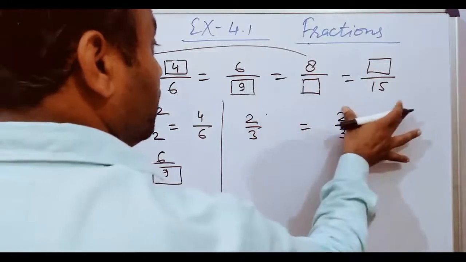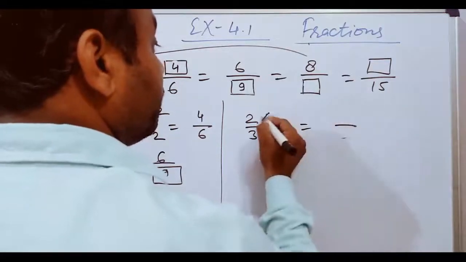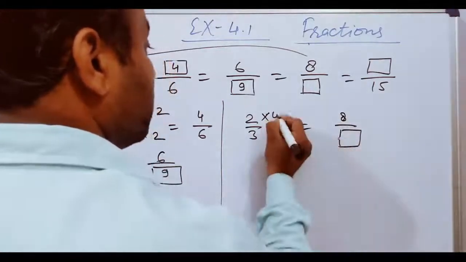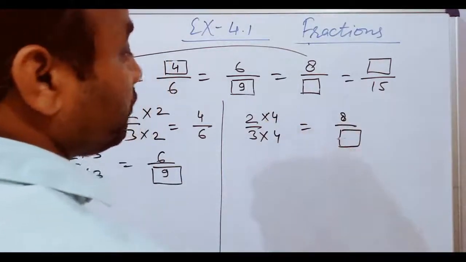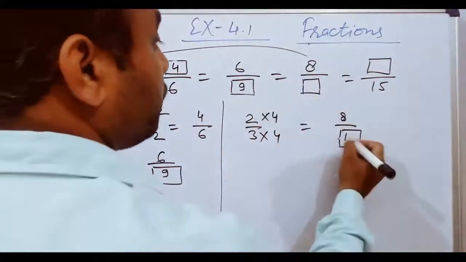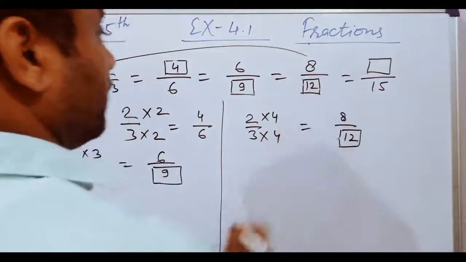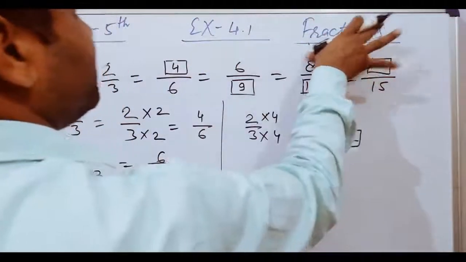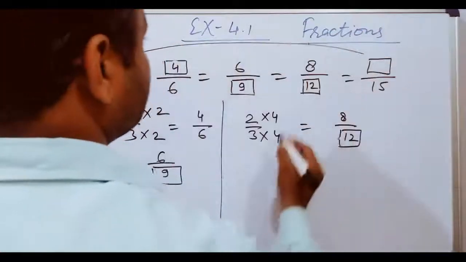So we will multiply it by 4. By 4, then downside also by 4. 2 4s are 8, and 3 4s are 12. So fill here 12.